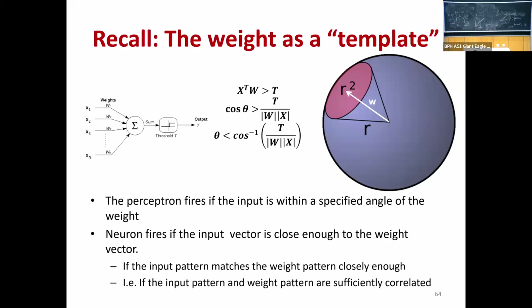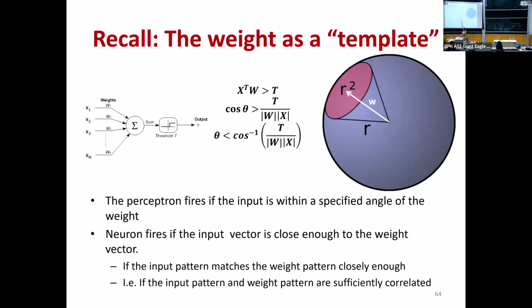And so when I'm comparing the inner product between the feature X and the weight W to a threshold, I'm literally just saying cos theta should be greater than T over the norms of the two vectors, assuming the norms are all more or less the same. Basically, you're just considering cos theta.